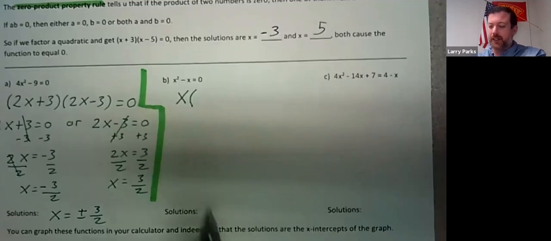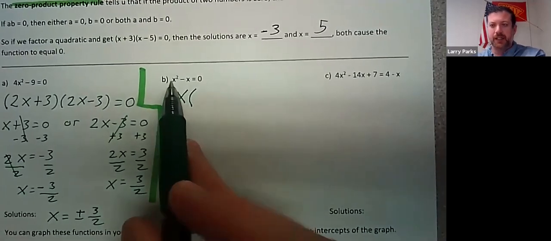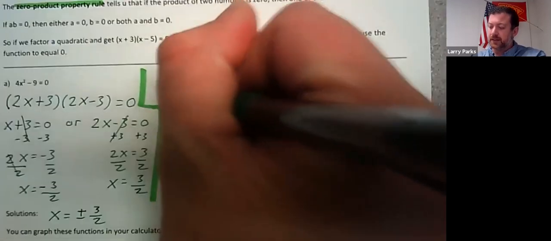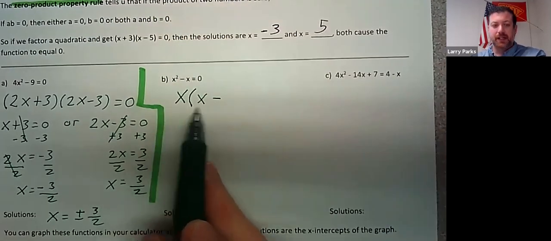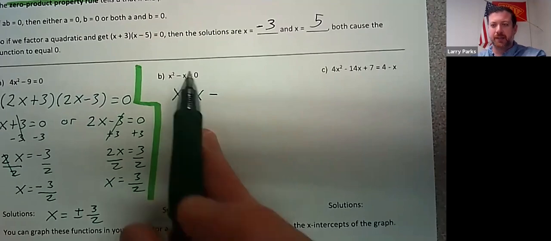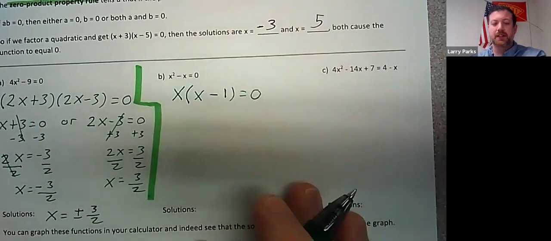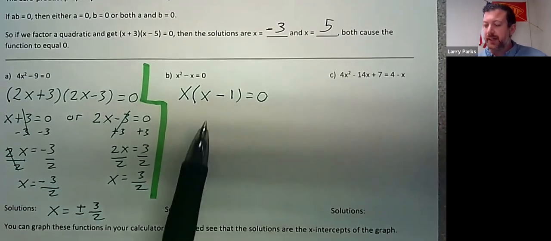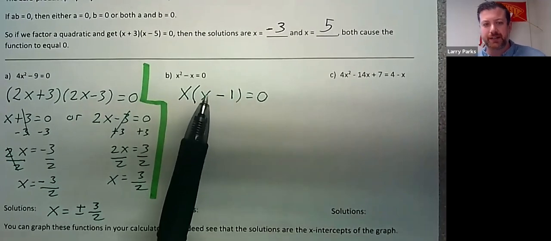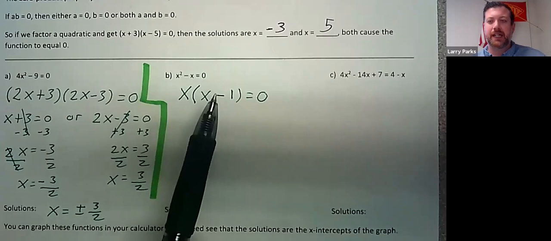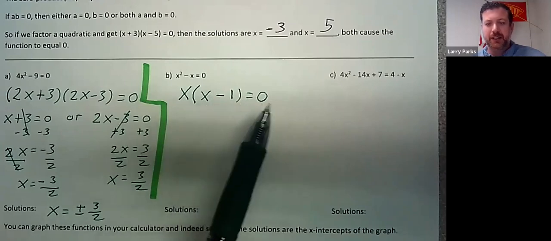And what am I left with? X times what is x squared would be x. X times what is negative x, that'd be 1. And so now I have what's called linear factors. So I have x times x minus 1 is 0.